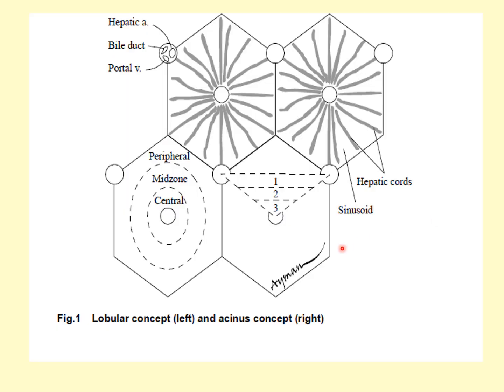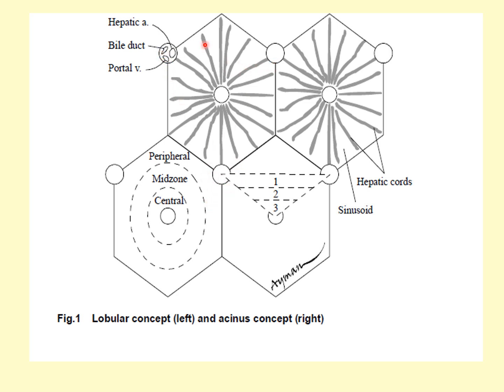Here you can see a hexagonal structure. This is the structure of a lobule. This hexagonal structure is a lobule, this is another lobule, and this is another. These are the lobules, with the portal triads.